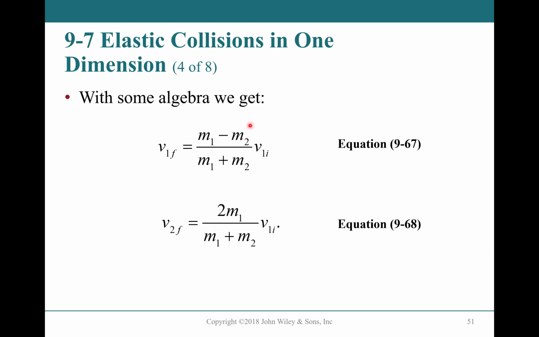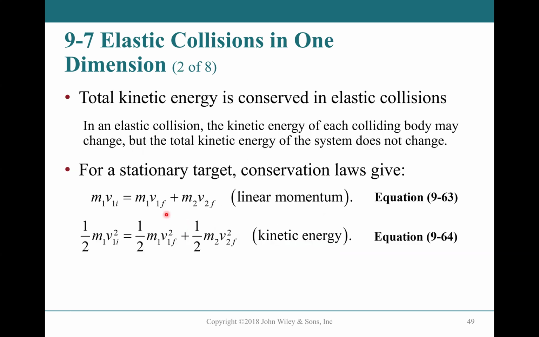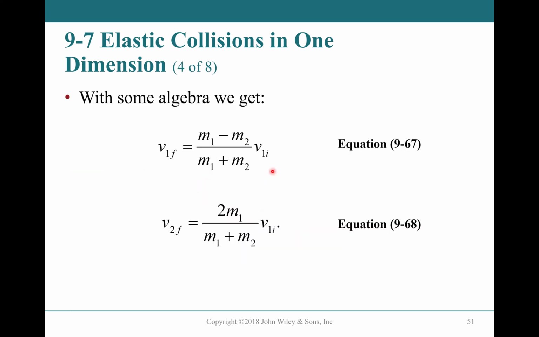With some algebra, we can calculate the final velocities. If we know V1 initial and the masses, then V1 final and V2 final are the variables we have to solve. We have two equations and two variables, so we can solve for the final velocities. With some algebra, we get our final velocities here.